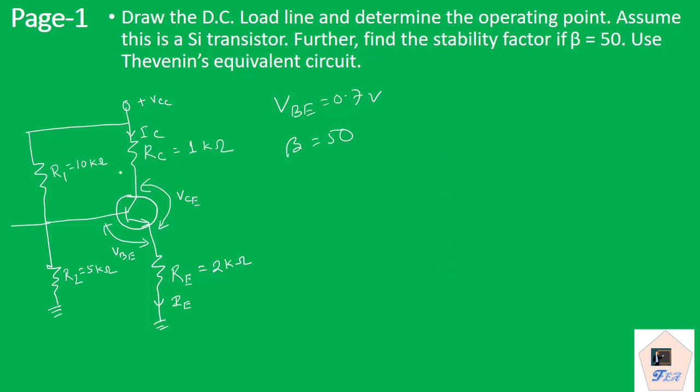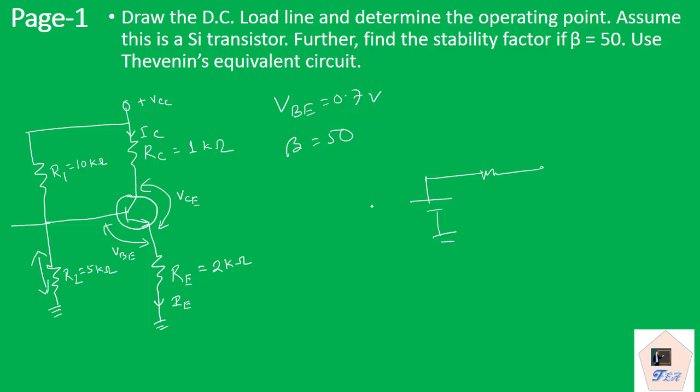Now we have to reduce this network, the voltage divider network, for Thevenin's equivalent circuit. Now Thevenin's equivalent circuit, we know that we shall have only one voltage source and one resistor. So this is how we have to reduce this circuit. The voltage source that we are considering will be the drop across R2.